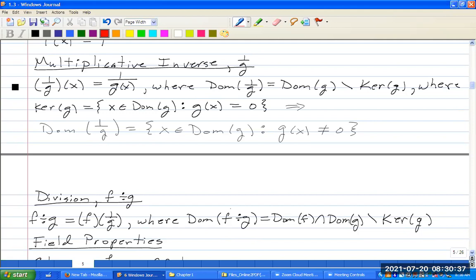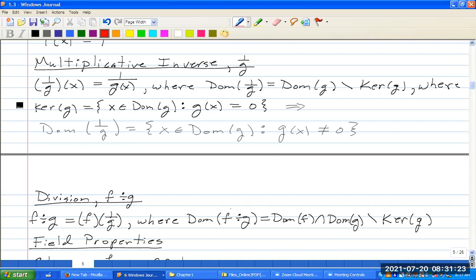So the multiplicative inverse of g, denoted by 1 over g, is defined again pointwise. So 1 over g evaluated at x is just equal to 1 divided by g of x, where the domain of 1 over g is the domain of g, take away, so I'm doing set subtraction, the kernel of g, where the kernel of g is the set of all x's in the domain of g such that g of x is equal to 0.